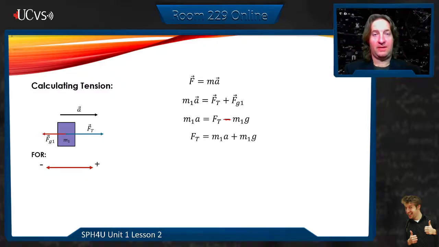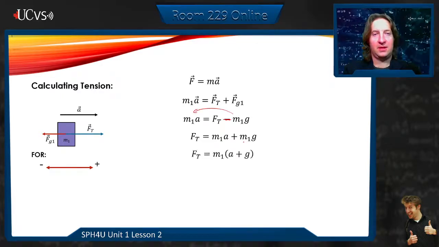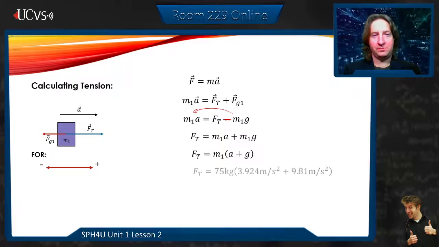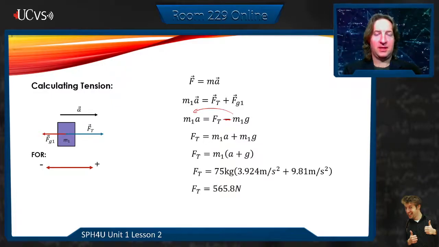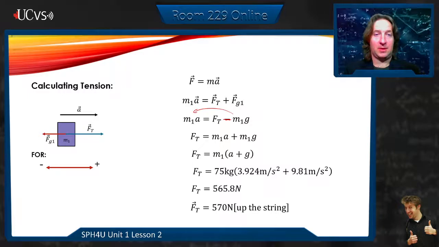Then solving for FT, I'm going to bring this guy over that way, it becomes positive, factoring out m1, plugging in my values, and I get 570 newtons up the string, which is going to be the same tension on the other mass. We could have done this exact same calculation using M2, and I would have got the same number.